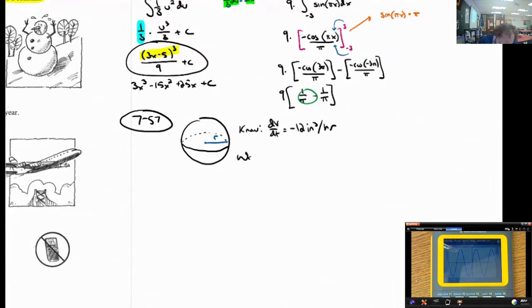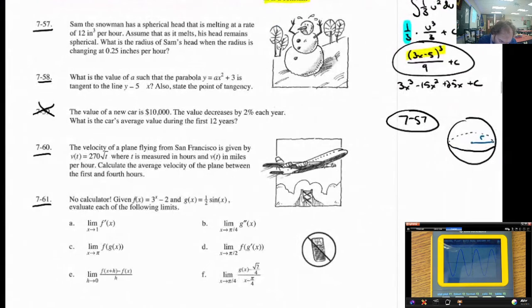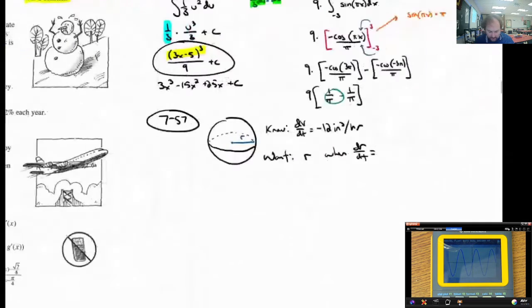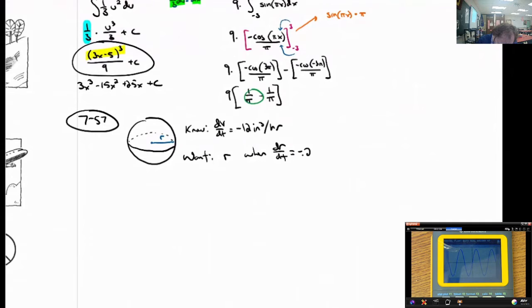And we want, this is interesting, we actually want the radius when dr/dt is 0.25. We should mention, by the way, that 0.25 will be negative since there are no positive numbers in the case of the melting snowman's head. -0.25. I think it's interesting that they left out the negative. They kind of wanted us to get it for ourselves.